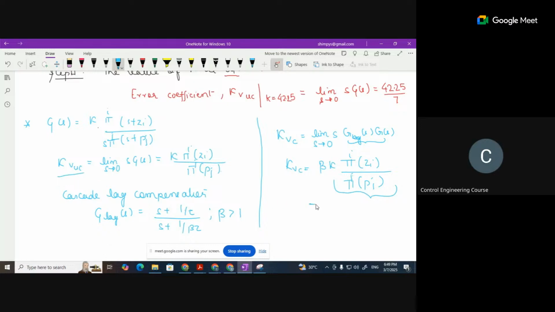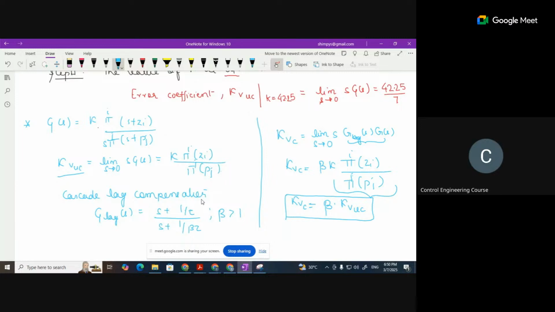This will be beta multiplied by the Kv for the uncompensated system. From here we have deduced this expression, which we are going to use in our problem. So you can say that the error coefficient increases by a factor of beta, right?